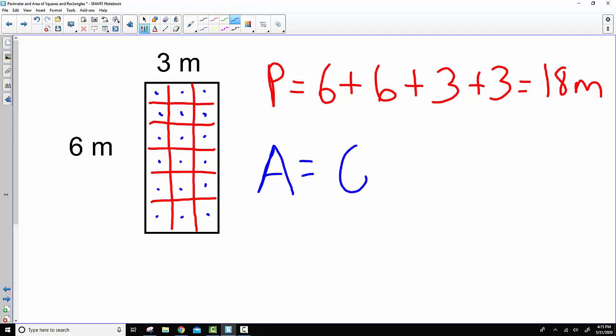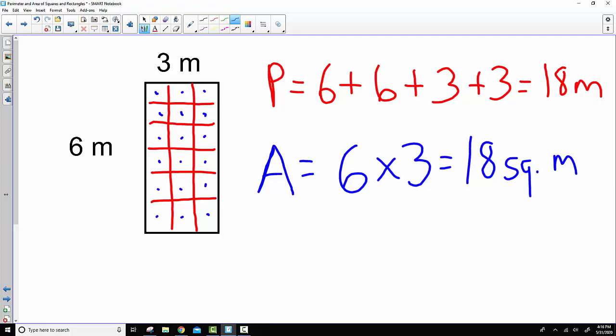Let's multiply 6 times 3 equals 18 square meters. And you can see once again that there are 18 squares within the area of this rectangle.